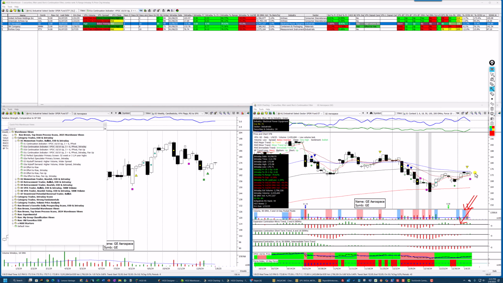But today, because the 3 is above the 6 and the close is greater than the open, it still qualifies as a continuation. Maybe not as strong, but the trigger was back here with the 3 crossing the 6 and the VPOC positive, and since it's above the 3 and the 6, it still qualifies as a continuation. And it's getting a low volume test today. You can see that right here.